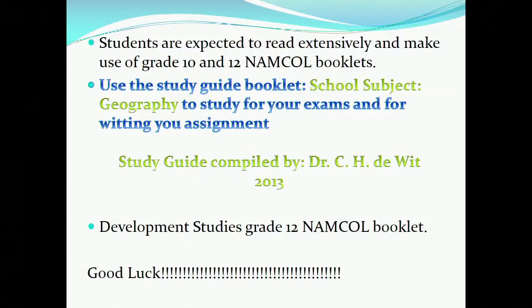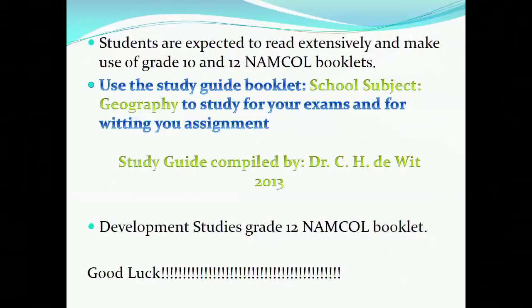In this case, it's a study guide written for the school subject Geography. When you are preparing for your examination, or preparing to write your assignment, you must use your book, and you can also get some help from the NANCOL booklet for Grade 10 and 12.